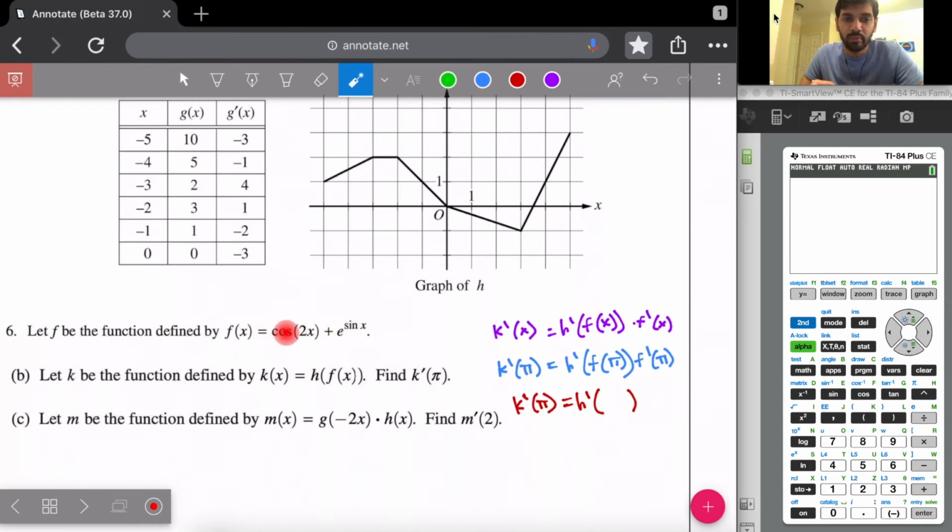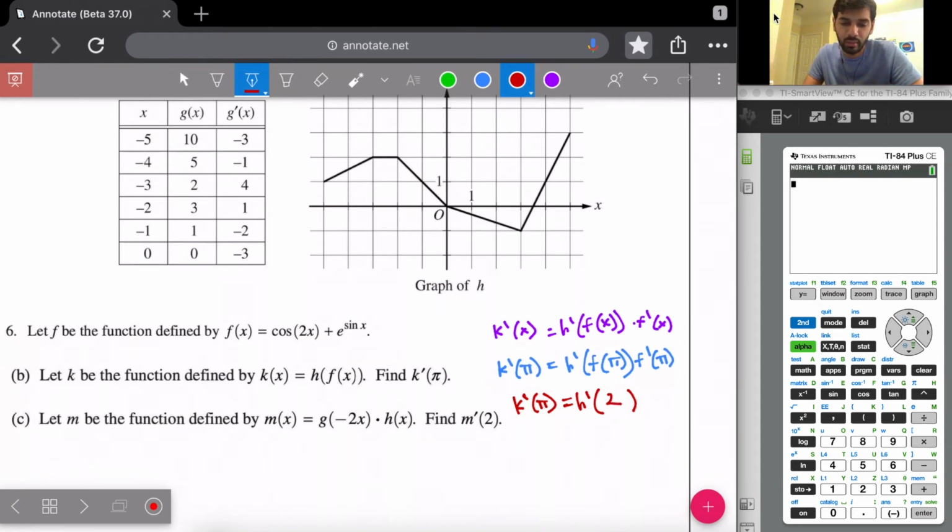If I plug in pi into f, this is cosine of 2 pi. If I go all the way around the unit circle back to 2 pi, cosine of that is going to be 1. So this is 1 plus e to the sine of pi. Sine of pi is 0, so e to the 0 is also 1. So I have 1 plus 1 is 2. So the input for this is h prime of 2.